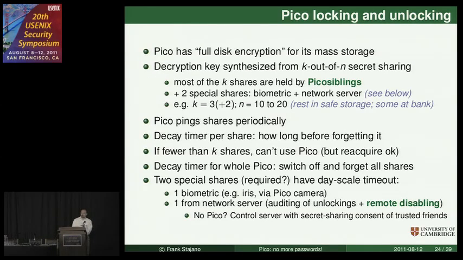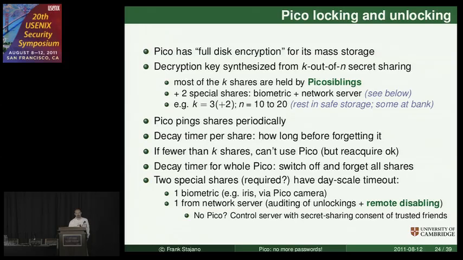So what happens with Pico locking and unlocking? I have given you the flavor for this already. The storage of the Pico is encrypted with some key that is reconstructed, synthesized out of this K out of n secret sharing. And imagine that, for example, the n in K out of n is 20. So you may have 20 Pico siblings, but you only need maybe 3 plus the 2 special shares, or change that if you're going to assign a different weight to the special shares.